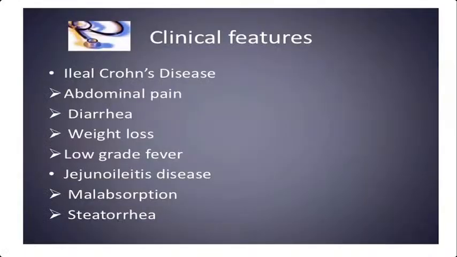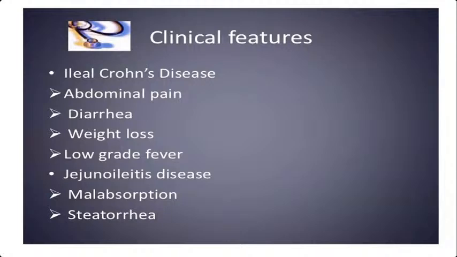Okay. So for Crohn's disease, when you have just the regional ileitis, then of course you have abdominal pain, diarrhea, and it's a chronic inflammatory bowel disease. So weight loss is not uncommon. They may have low-grade fever.